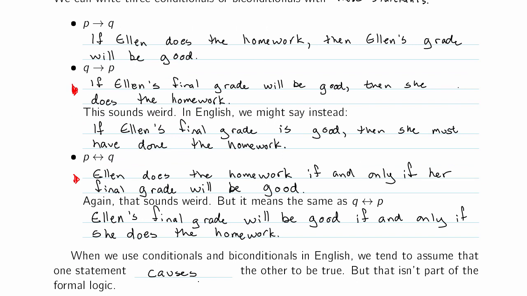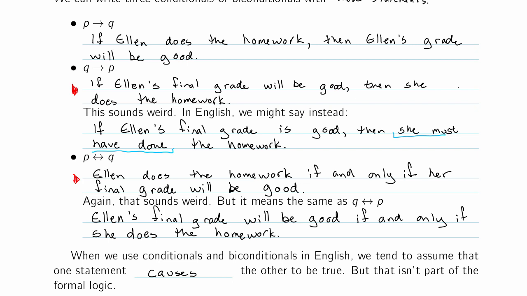So if the direction of the conditional violates our expectation for what's causing things, we use weird word constructions like she must have done the homework. So her final grade becomes not the cause of her doing the homework, but the cause of our knowing that she did the homework.